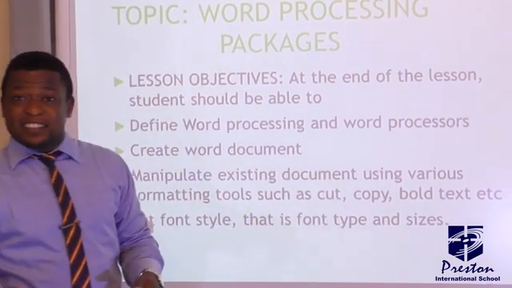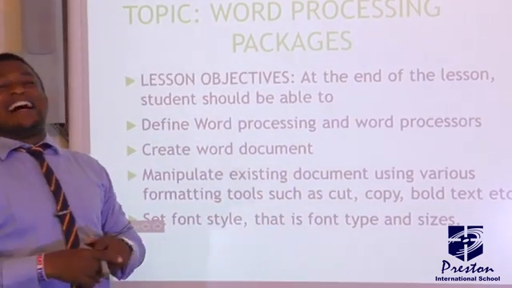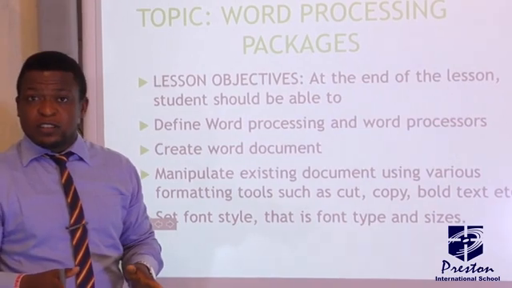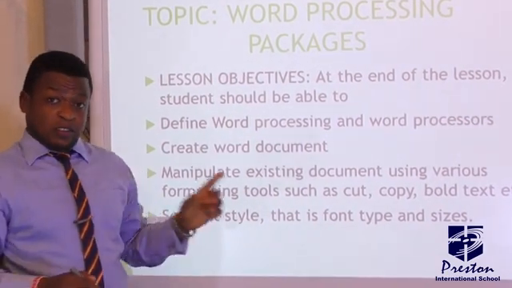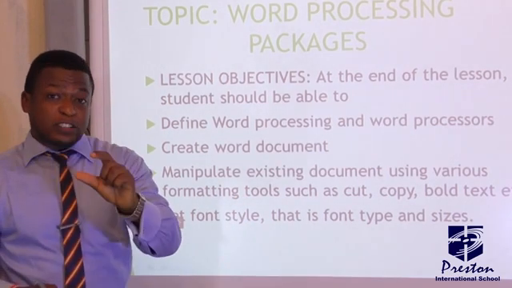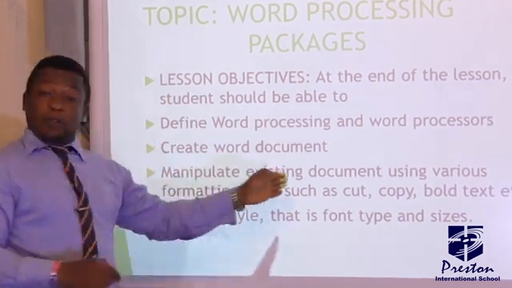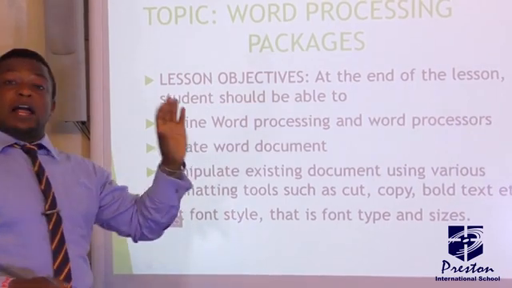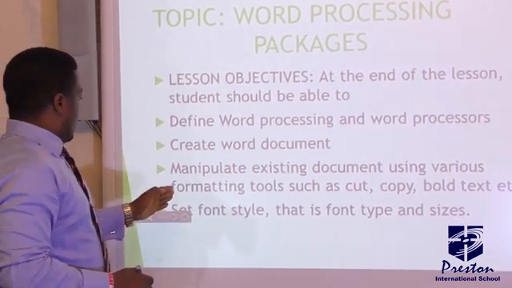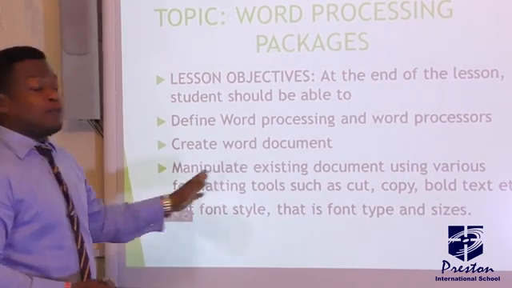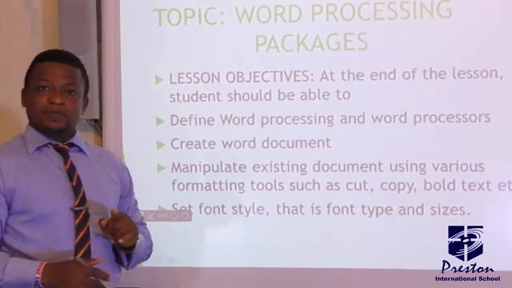You can italicize a text, etc. Of course, you can as well create columns on your document, which are the things I'm going to be testing you on in this particular lesson. You are going to create a document for me. You are going to manipulate this document according to the prescribed questions given to you, which will be in your Google class.